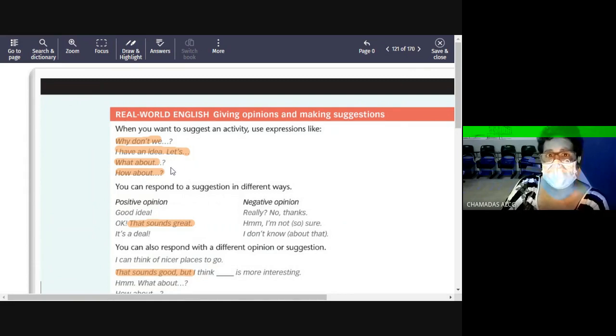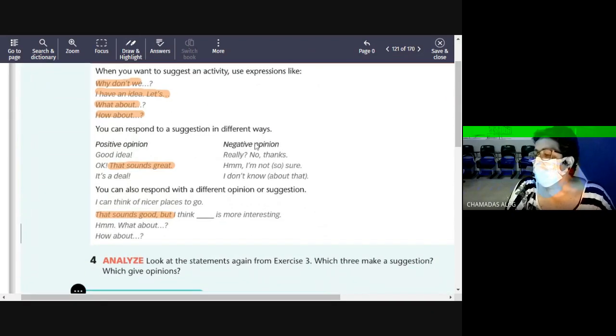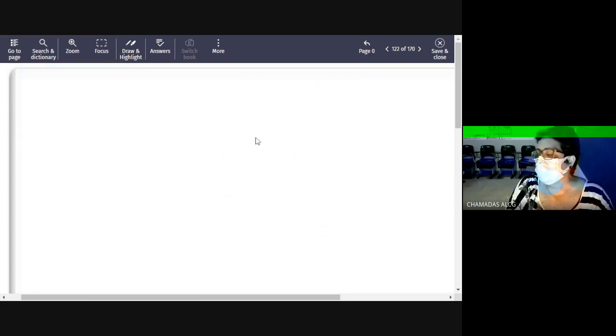If you use a noun, it's okay, no problem. But if you use a verb, you have to add ing to the verb. Example, what about going to Thailand? How about going to Thailand? All right, that's it. Okay, guys, so now let's go to the final part of the lesson.